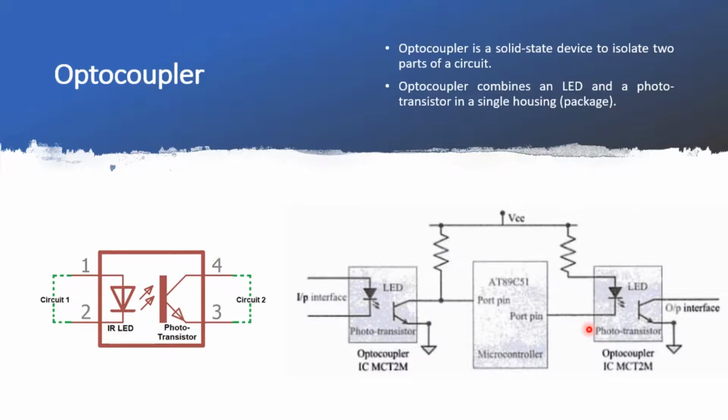This is very important in an embedded system application, because we will be dealing with different levels of voltages in the system. Usually my controller will be working on 5 volt to 18 volt depending upon the manufacturer, the solid state manufacturer.